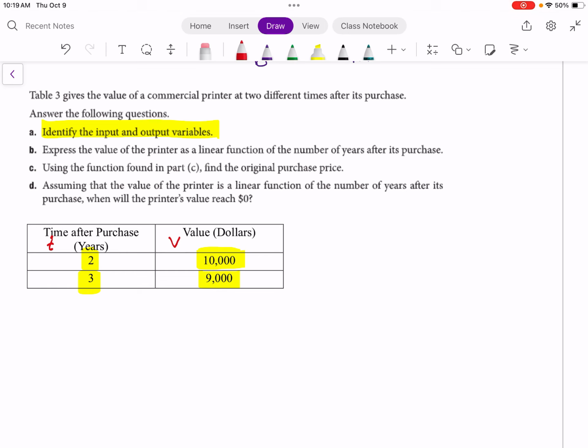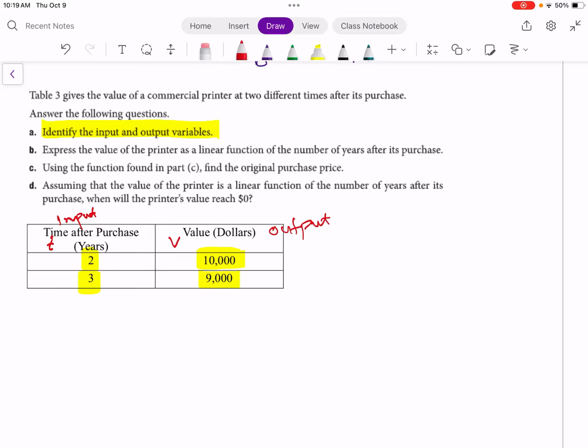Output is value and input is time. So let's call our v, the value, the output, and t the input. Now how do we know which one is output and which one is input?